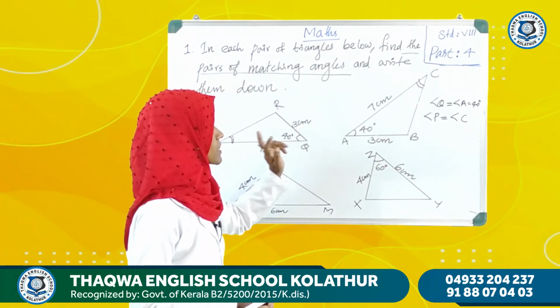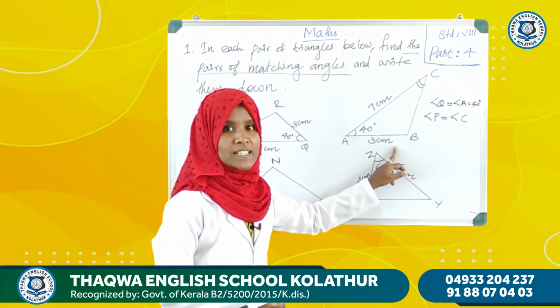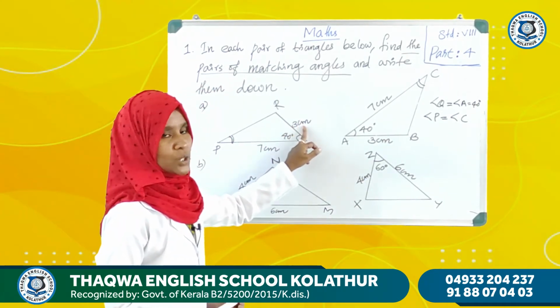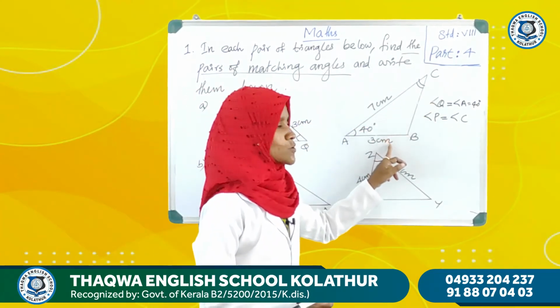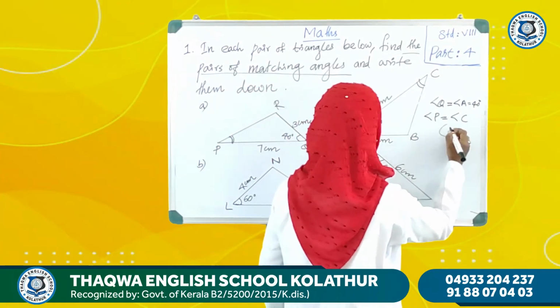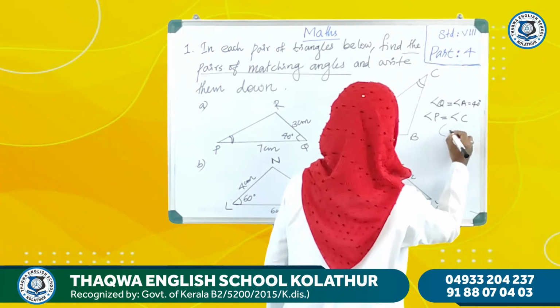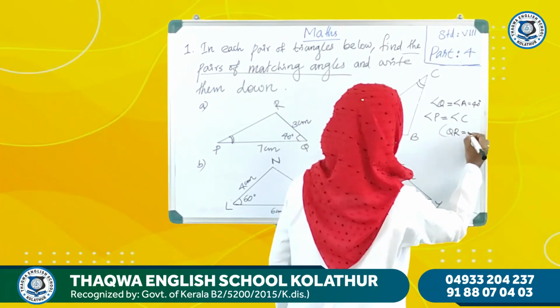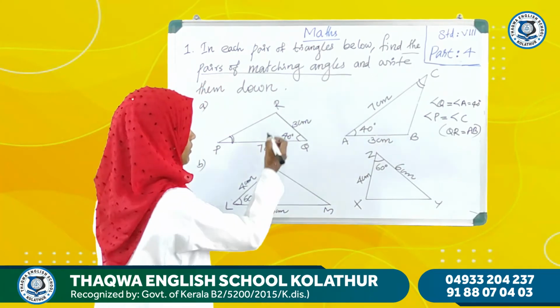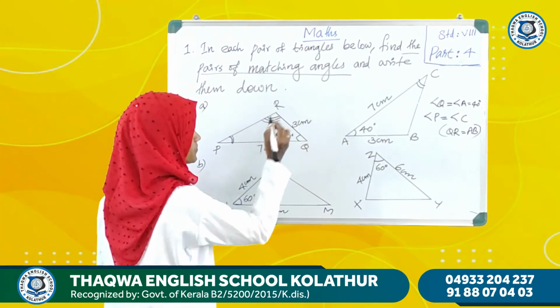QR equals 3 centimeters, AB equals 3 centimeters. Angle P is opposite to the side QR. Angle C is opposite to the side AB. We have QR equals AB.